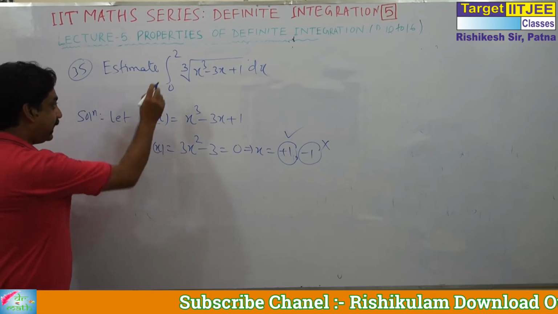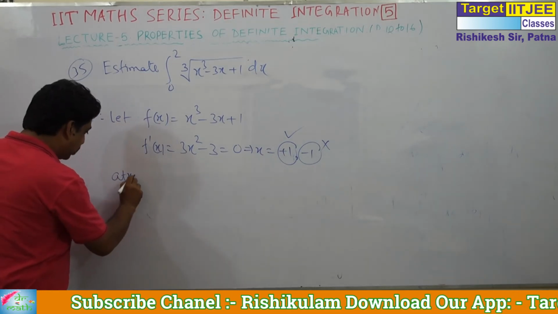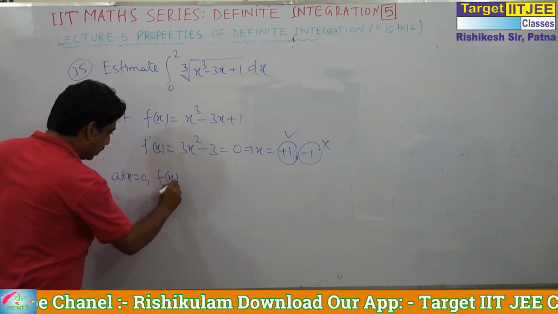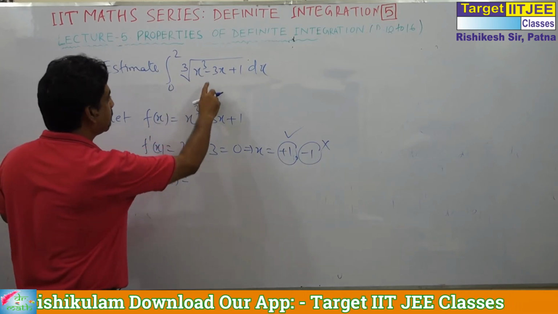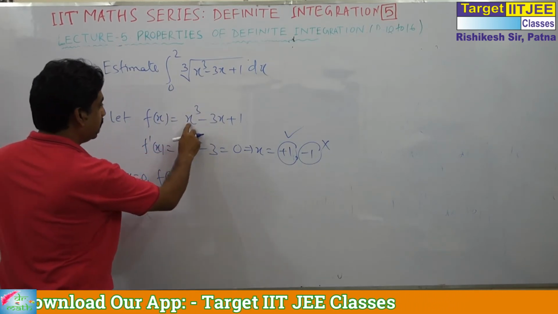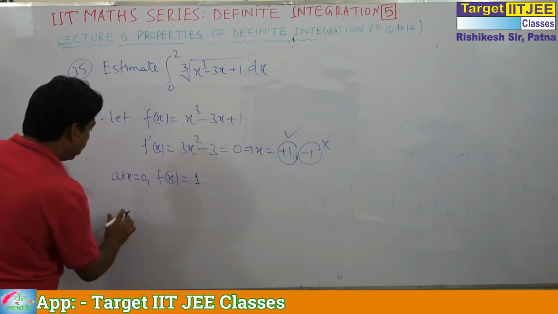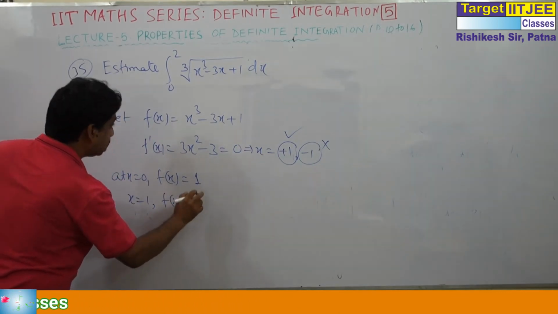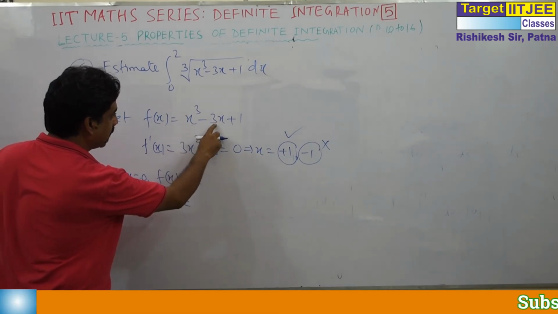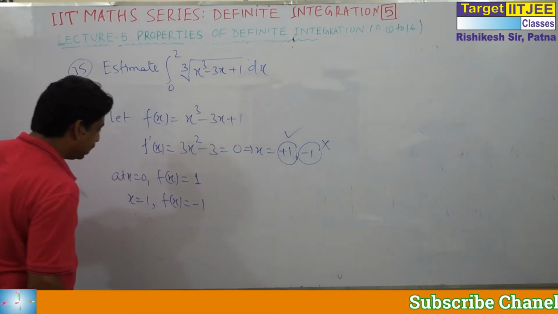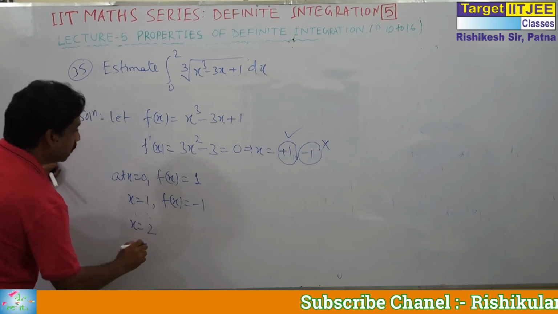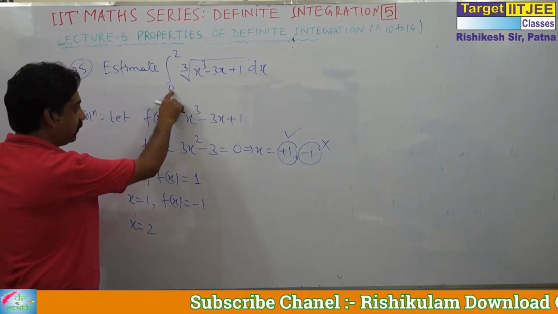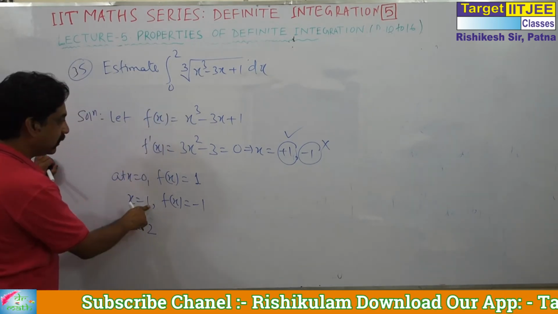So at end points, at x is equal to 0, f(x) is 1. At x is equal to 1, f(x) is 1 minus 3 plus 1, which is minus 1. And x is equal to 2. This is actually 0 end point, 2 end point, and 1 is the critical point.